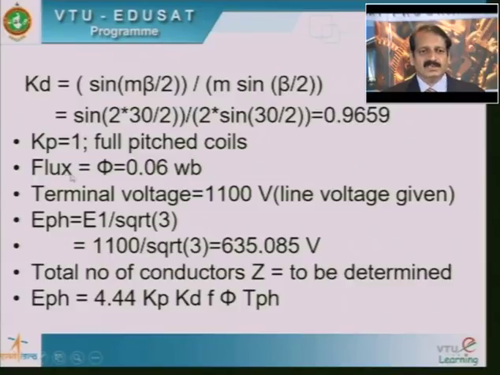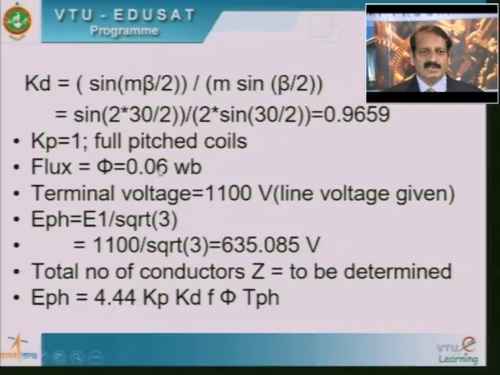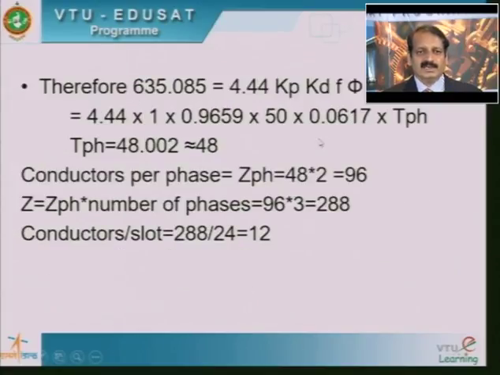Flux is given already, terminal voltage is 1100, and we calculate E phase just like in the earlier case, and E phase is 635.085. The total number of conductors is to be determined. When we substitute for E phase, Kp equal to 1, Kd as calculated 0.9659, f is 50, and phi, we can calculate T phase as 48.002.